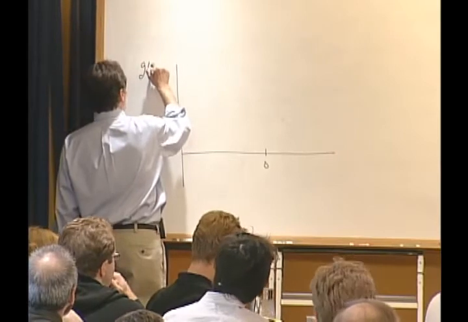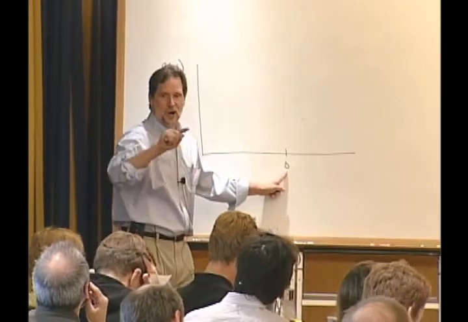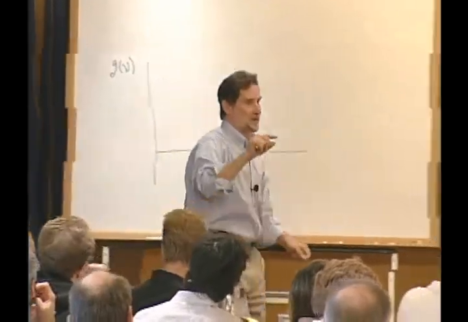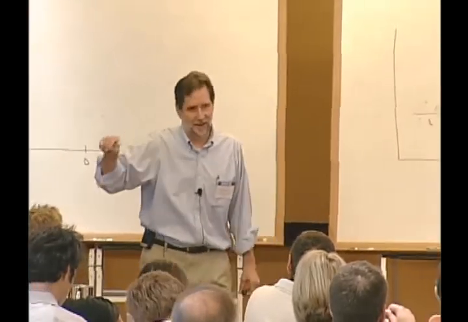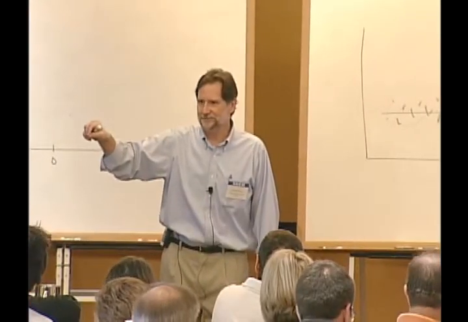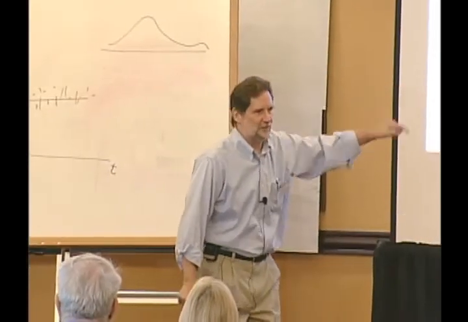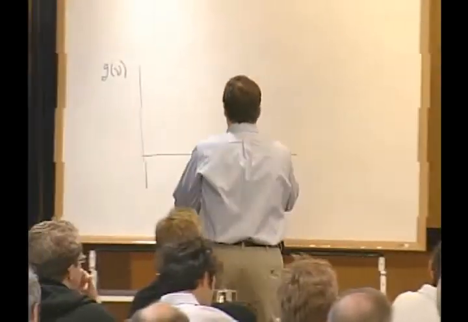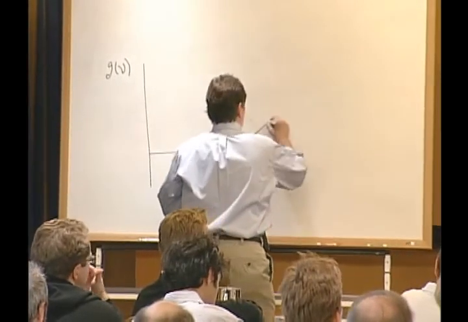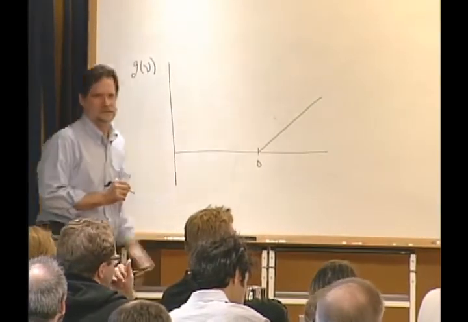Here's g of this thing, nu. And I'm going to draw this for nu positive. Remember, I assumed tau is bigger than tau naught, pi is bigger than pi naught, nu's got to be positive. So let me draw this function in 2 bits. Let me draw this part of the function, a 45-degree line. So that's nu.